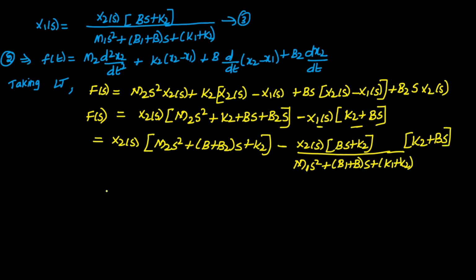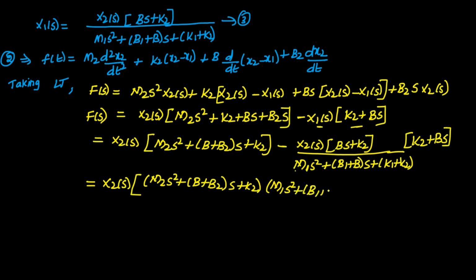Okay. So now I am going to take x2 of s as a common factor outside. Also I am going to take LCM. So that is m2 s square plus b plus b2 into s plus k2 multiplied by this denominator, that is m1 s square plus b1 plus b into s plus k1 plus k2.